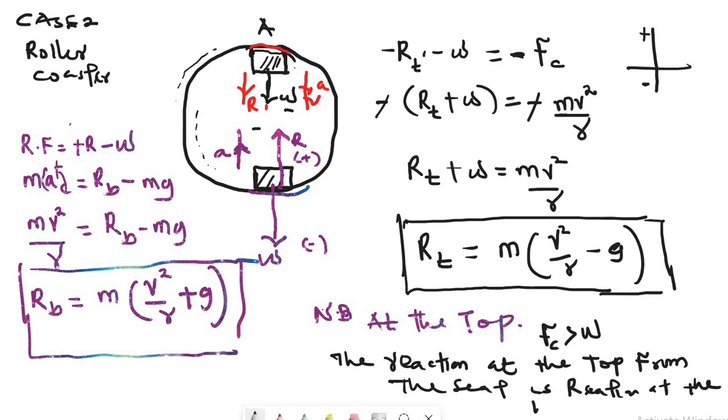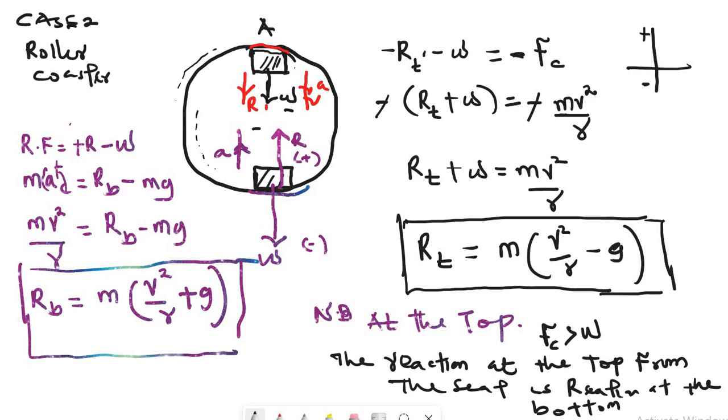You should note that it's less than the reaction at the bottom. If you see, the reaction at the top is in the negative region and the reaction at the bottom is in the positive region. So the reaction at the top is less than the reaction at the bottom.